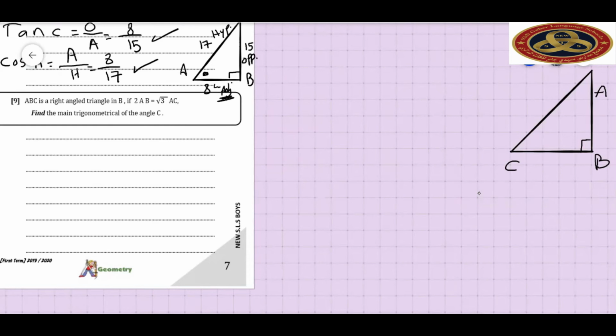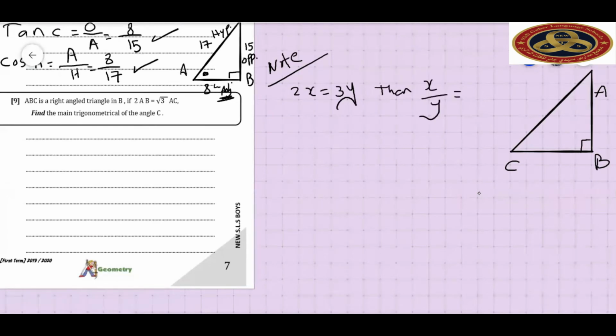So before we start to get this ratio, I have to remind you of a rule we took before. If I have 2x equals 3y, who can tell me how we get the ratio x over y? The ratio x over y will be 3 over 2.